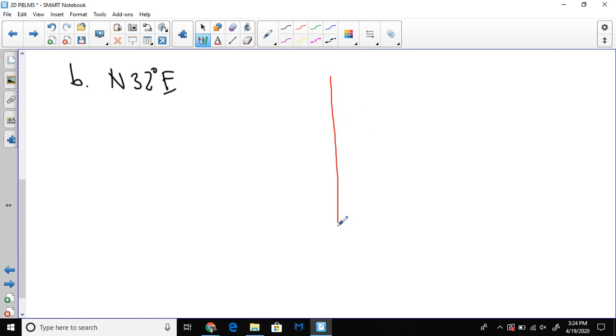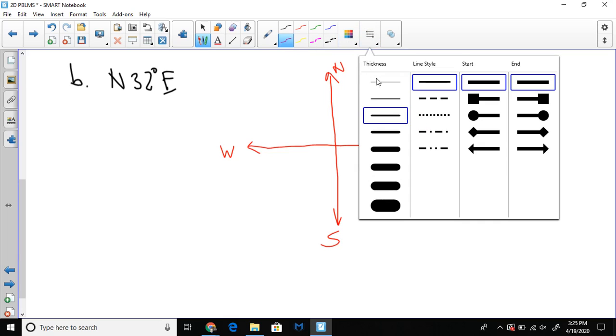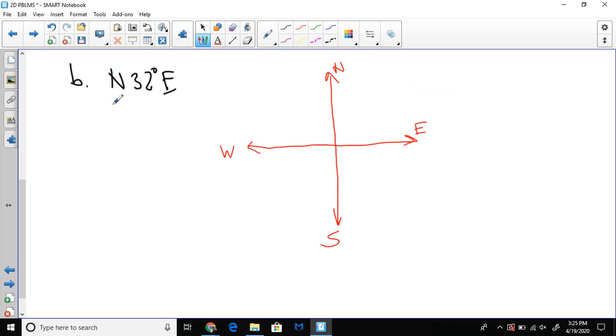So again, I'm going to draw my compass rose. Never eat shredded wheat. And then same deal. We say, okay, I start with north. So where is north? North is this way. 32 degrees east.